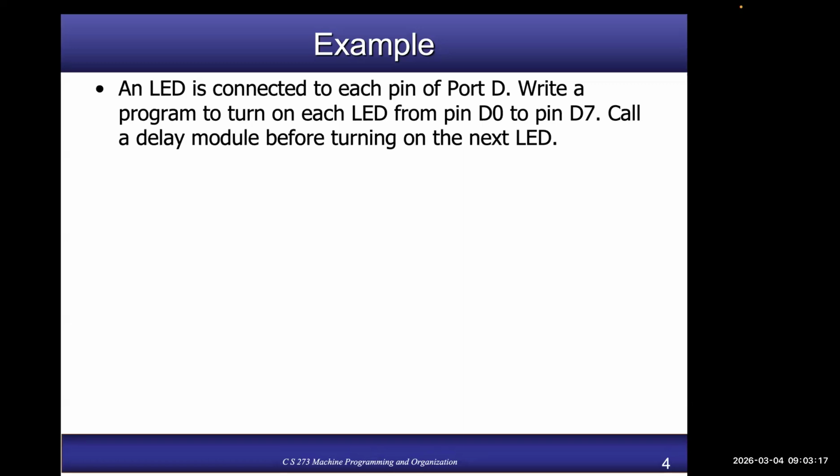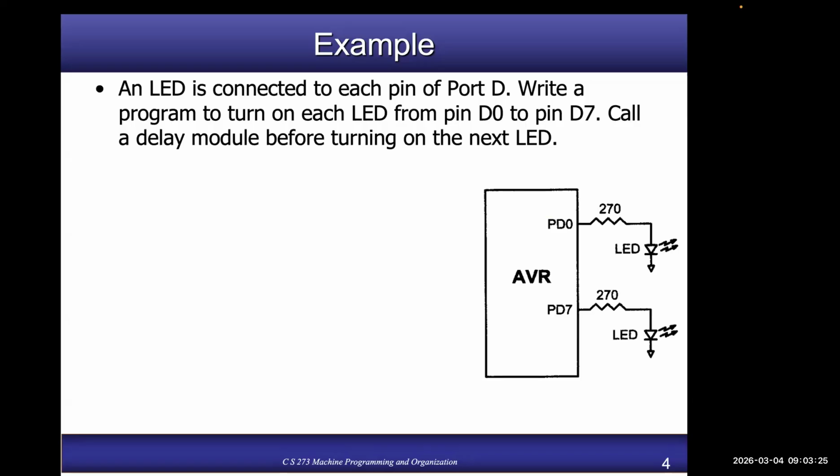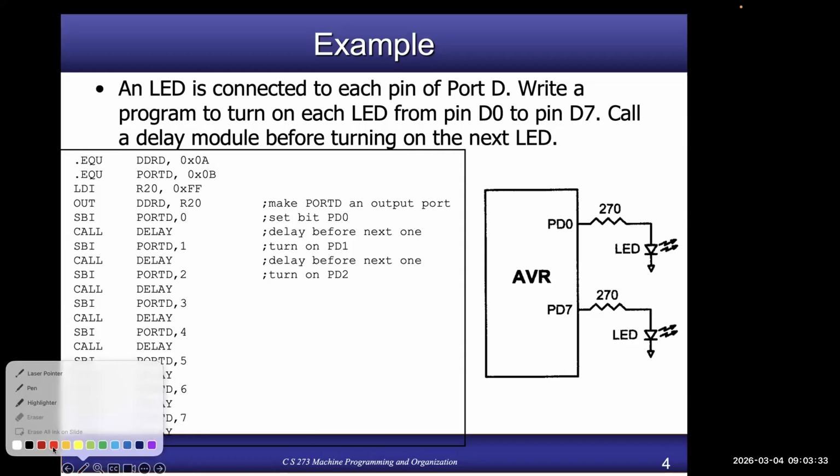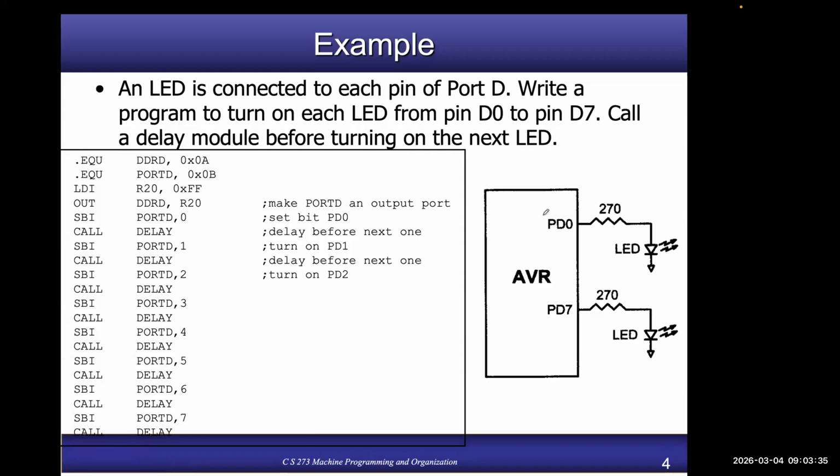Since this is a new lecture and maybe you don't remember how to program it, I'm going directly to the solution instead of asking you to do it. What you need to do first is configure port D in the output mode.